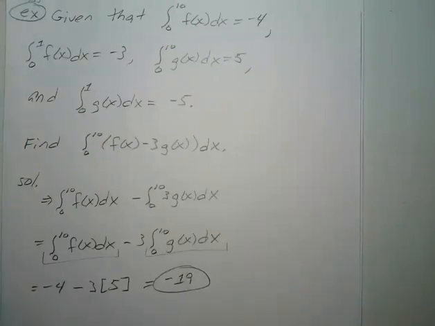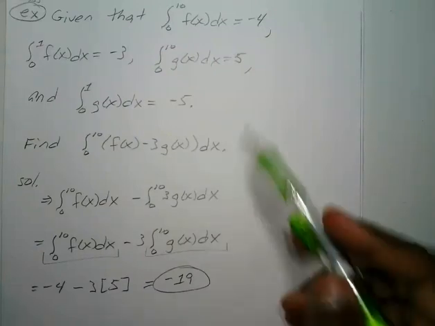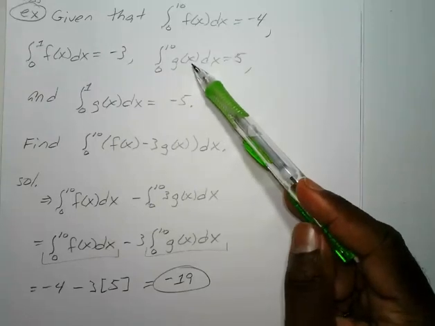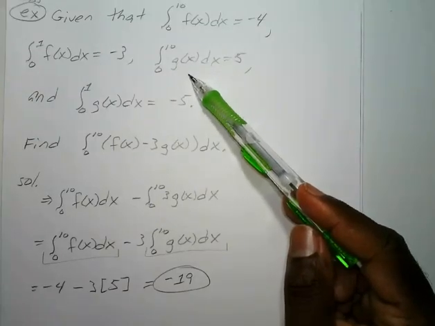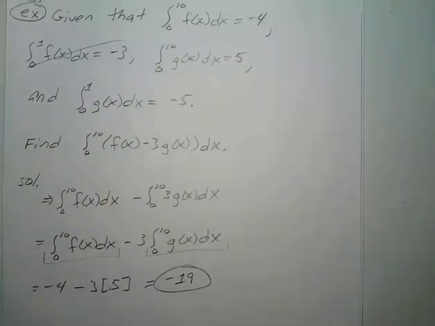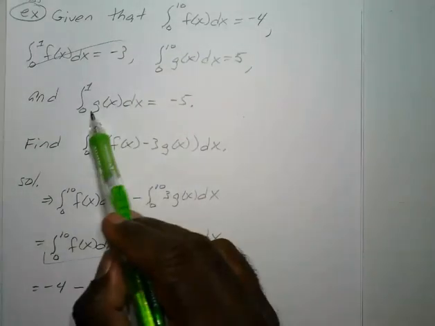Okay, now the reason I gave you this one is because even though we have all of these different given values, we did not use them all. We didn't use this one, and we did not use this one.